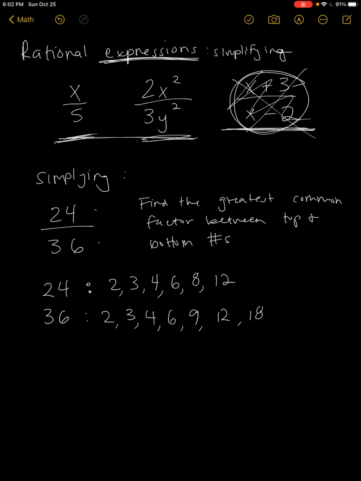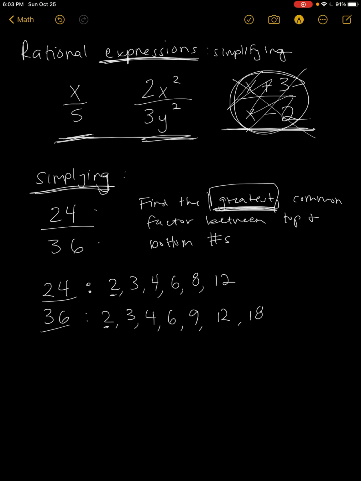The factors are just the numbers I can divide this number by or that number. And we want to find the greatest one. You can use smaller ones, but when you're trying to simplify something, you're trying to get it as simple as possible, so that they don't have any common factors anymore. You've got this down as simple as you can make it.